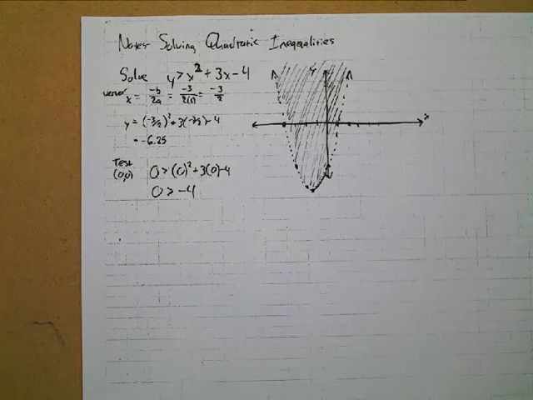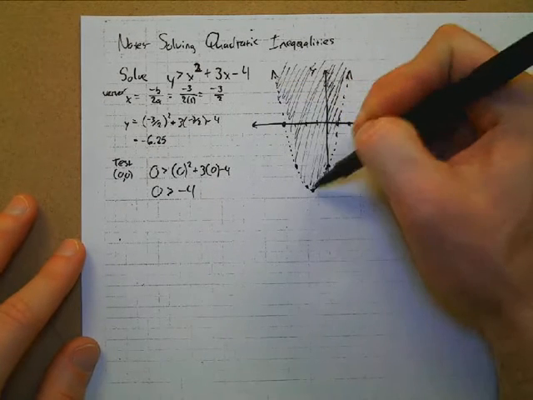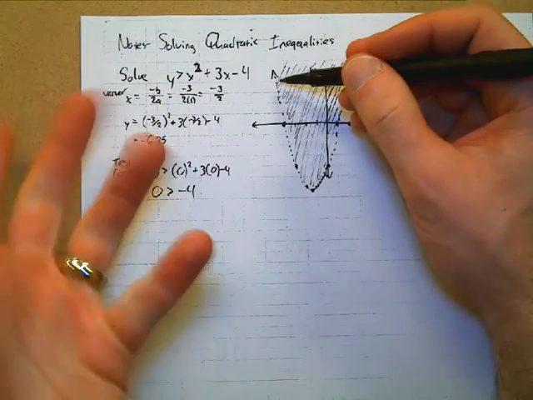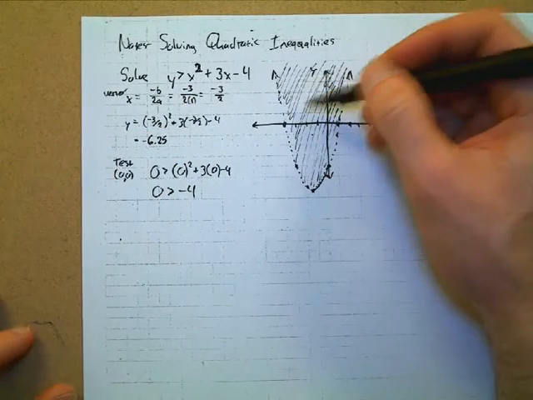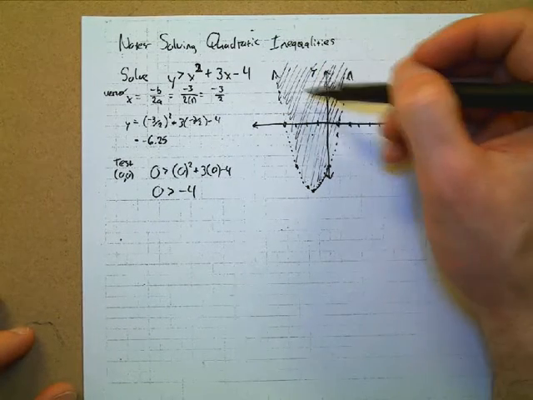When it comes to inequalities, though, sometimes the border, the curve itself, is a solution, when we have the equals to, but when it's not, we draw that dotted line. And then the shaded area, all of these solve that inequality. So any of the points you pick in here, if you plugged it into this inequality, would solve it and make it true. Okay? That's the idea there.